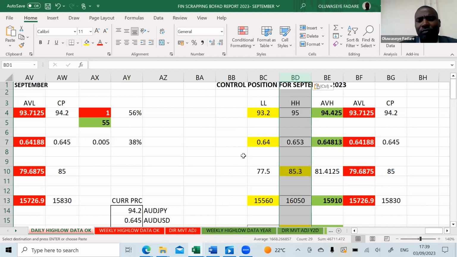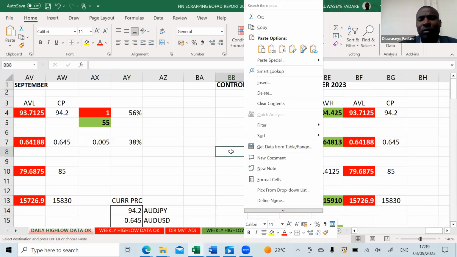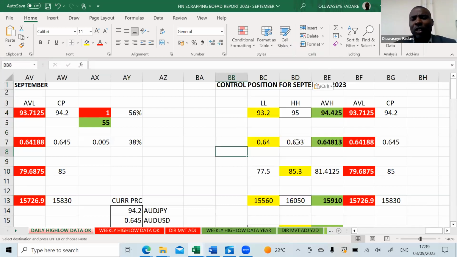Okay, good. So what we are trying to do now is by the end of the month, this is the current information that we are starting with at the beginning of the month.